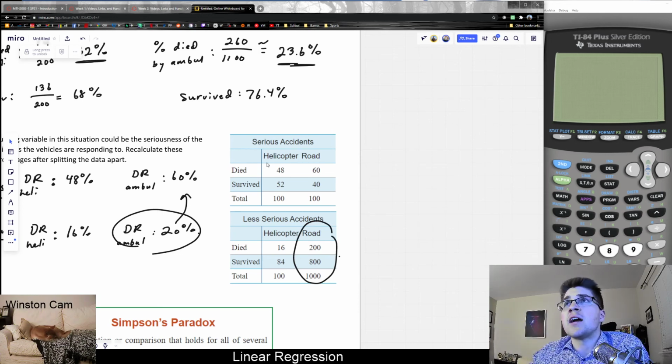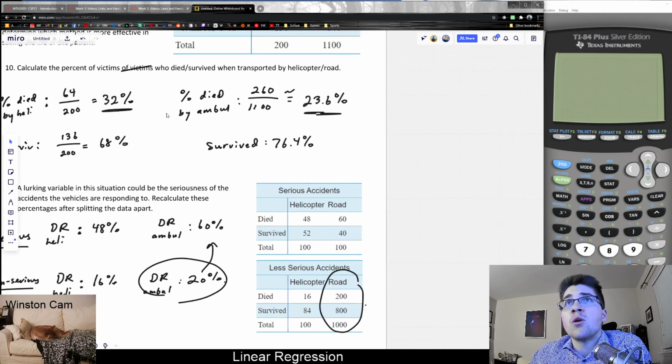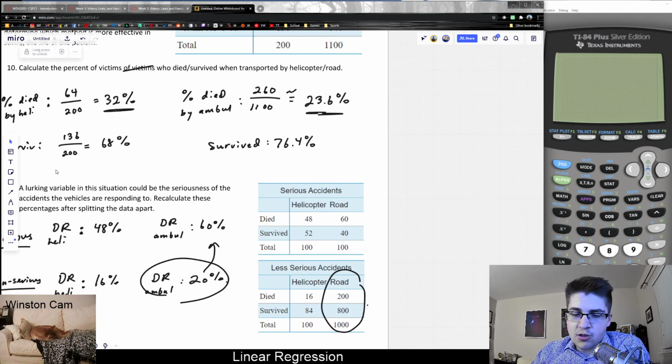The sheer number pushed the average death rate closer to that because there were so many more instances. So it made it seem like the death rate for ambulances was lower than helicopters, because for helicopters there was a more proportionate amount of calls between serious and less serious injuries.